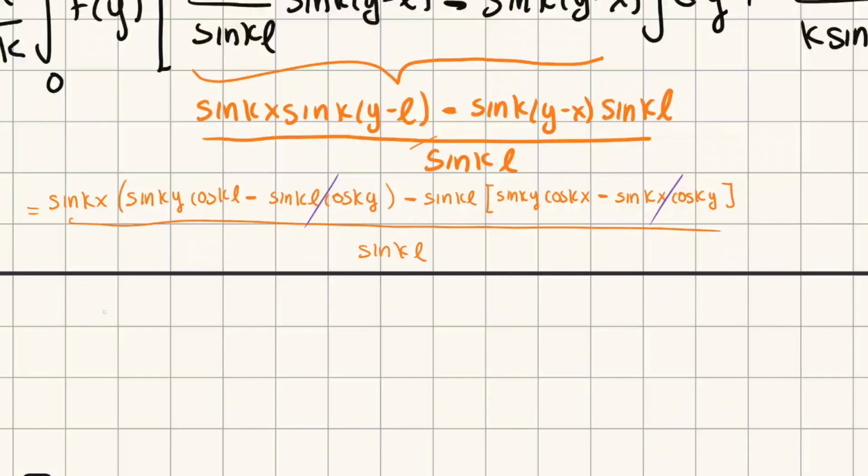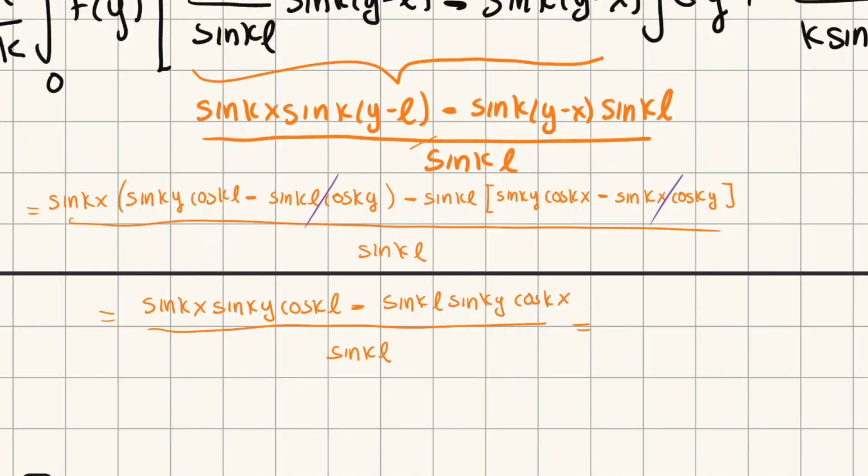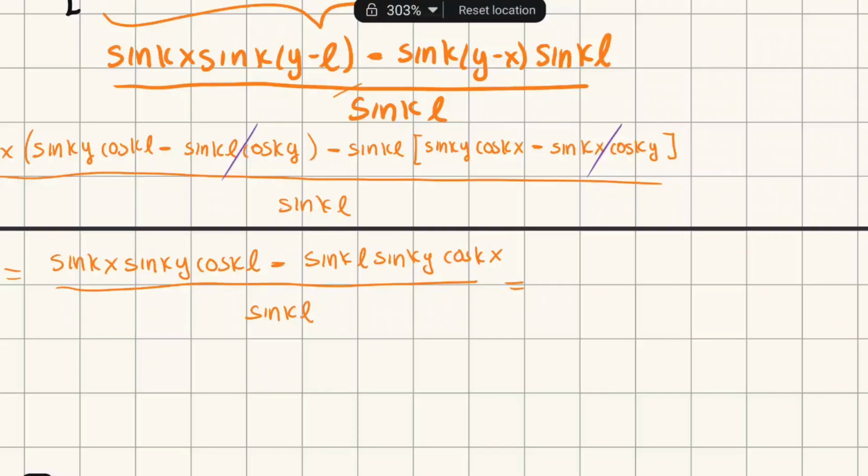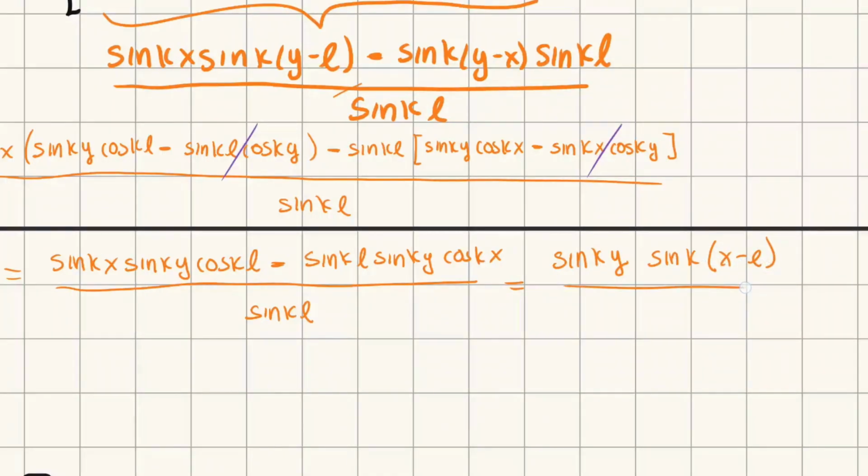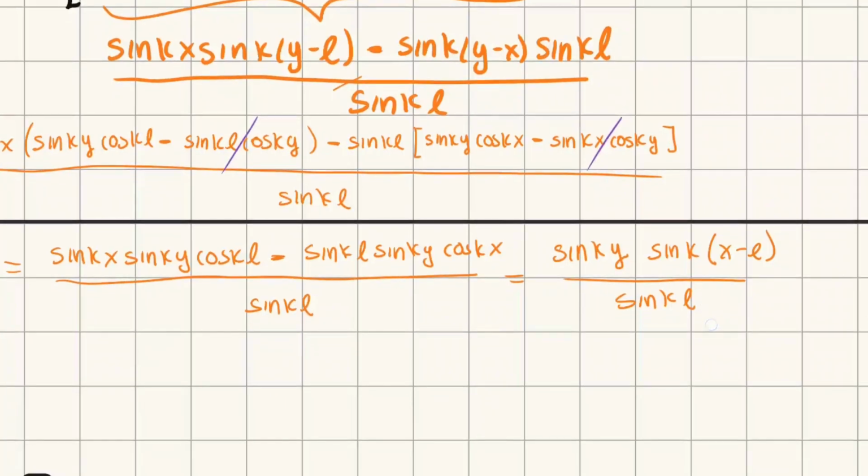Okay, so at the end we will get sine kx, sine ky, cosine kl minus sine kl, sine ky, cosine kx divided by sine kl. And again, using the same property but at the inverse, and taking a common factor sine ky, we will have that this multiplies sine of k times x minus l and divided by sine kl.